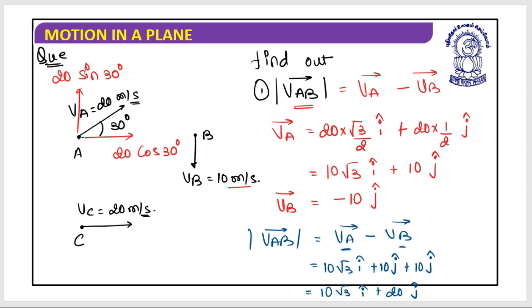This would be the final answer. And if you want the magnitude of the same, it's the square root of (10 root 3) whole square plus 20 whole square, and this would be the answer. Is it clear? Can you do this? Are you sure?